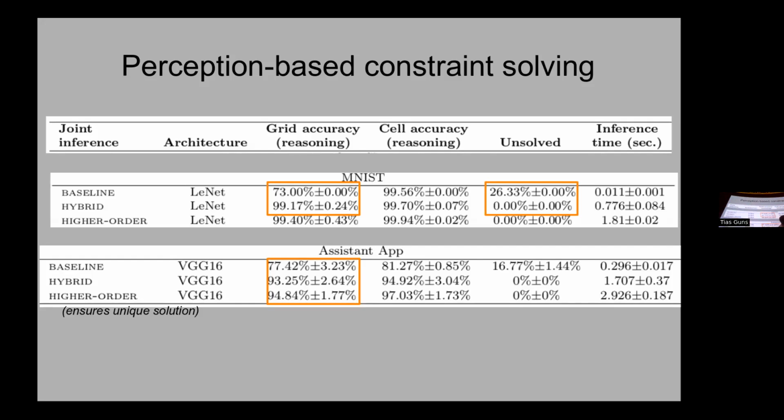Just a few of the cells had to be corrected, and that leads to many more grids being solved. In the case of the real data, it's a bit different. This is at the cell level, and this is at the grid level. We now solve 93%. And if we enforce that the interpretation is unique, we can solve up to 94% with this.